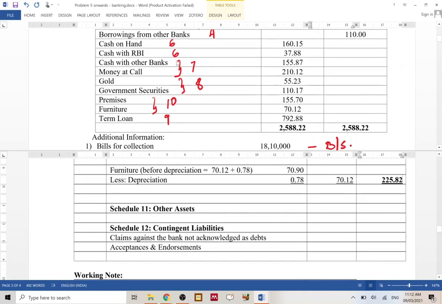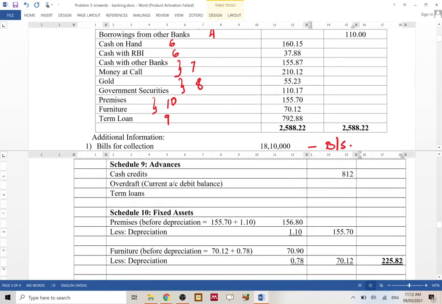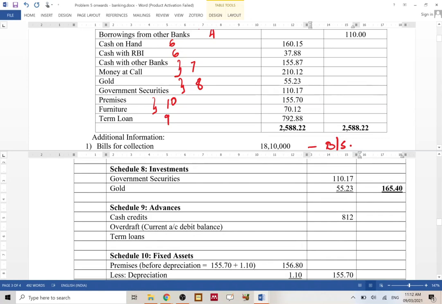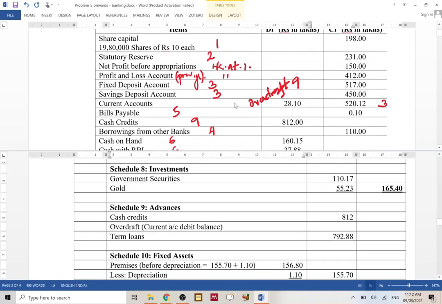Okay. Any other information? We have the last one, that is the term loan, which is Schedule 9. So Schedule 9, advances, over here, once again we will have 792.88. Now, the current account debit balance we have not yet entered. So the overdraft of this current account, we've taken this under Schedule 3, deposits.